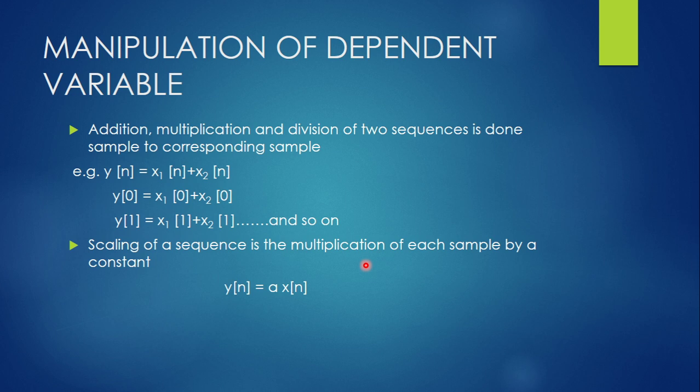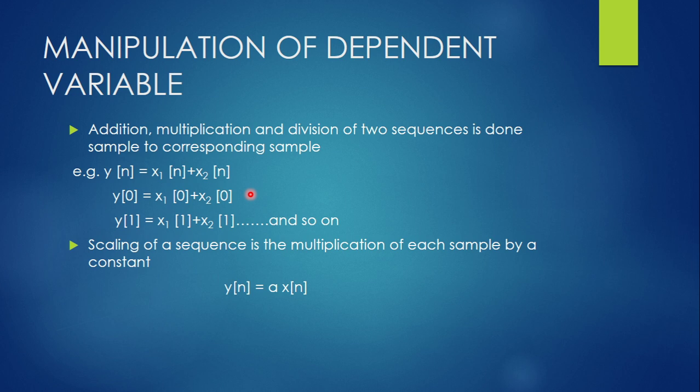Next is the manipulation of the dependent variable. It's quite easy. Any addition, multiplication, division between two sequences is done on the corresponding samples. Suppose you are adding two sequences. The zeroth sample of one sequence will be added to the zeroth sample of the other sequence.